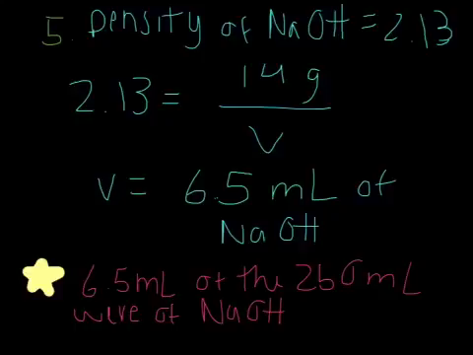You put 14 grams and you leave v as the variable you're trying to find. And after you solve for v, you will find that there are 6.5 milliliters of NaOH. So then you understand that of the 250 milliliters that you had initially, only 6.5 were of NaOH.